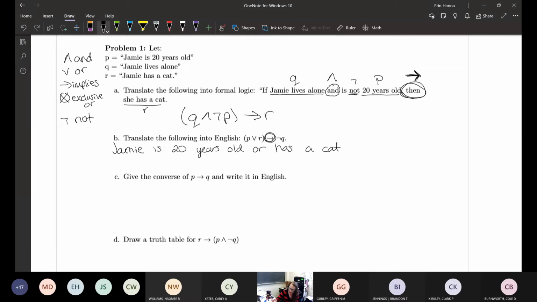And then I come up to an implies. So that would be an if then. So I'm actually missing an if from the beginning. So I'll need to shove an if in the front. So if Jamie is 20 years old or has a cat, then not Q. So they don't live alone. So if we wanted to be literal, we would say something like, then it is not true that Jamie lives alone.